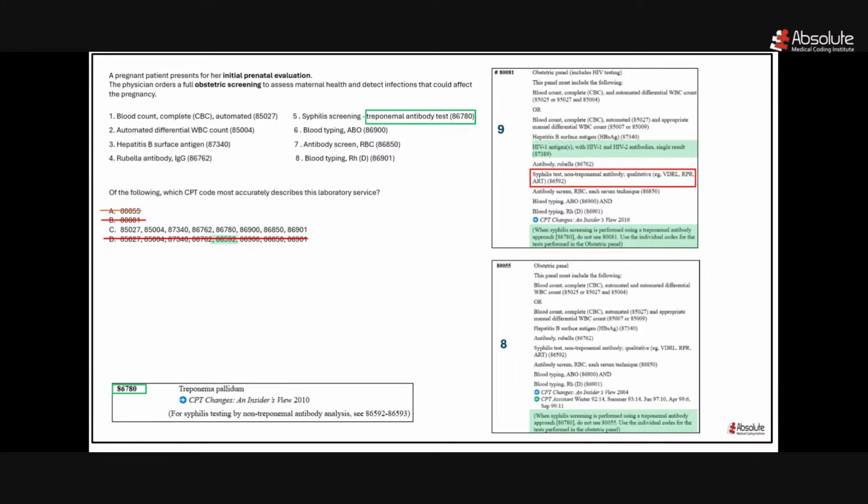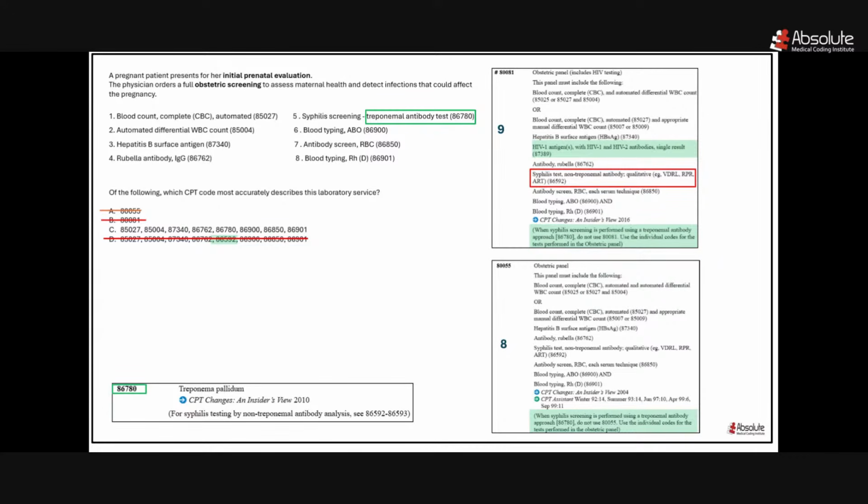That would be CBC 85027, 85004 for automated differential WBC count, 87340 for hepatitis B surface antigen, your rubella antibody 86762, then 86780 for the syphilis screening treponemal antibody test, the blood typing ABO 86900, 86850 for antibody screen RBC, and also the last test, which is blood typing RhD, that would be coding for 86901.